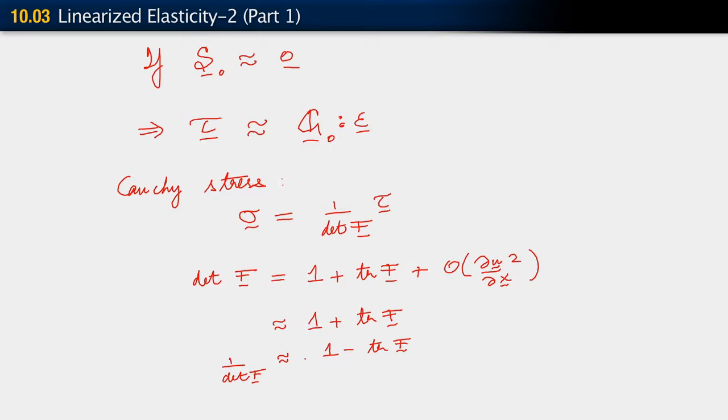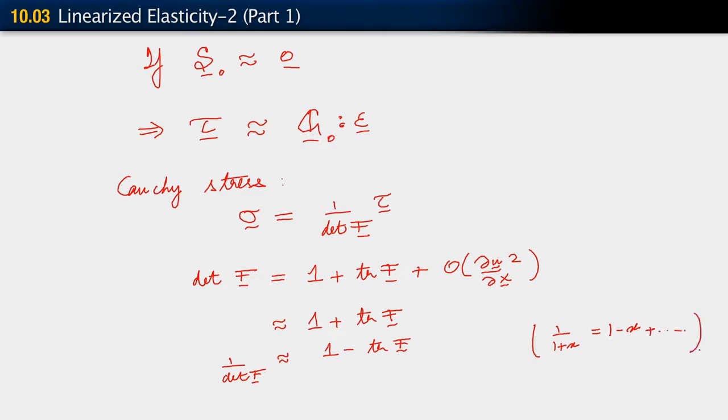Okay, and this is just the Taylor series expansion of 1 over 1 plus x. So if you write 1 over 1 plus x in a Taylor series, you will see that the zeroth order term is 1, the first order term is minus x, and then there are higher order terms.